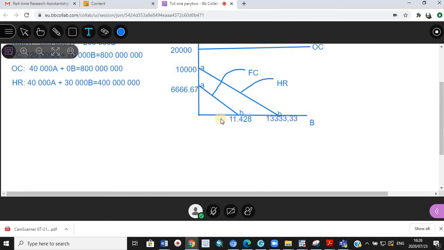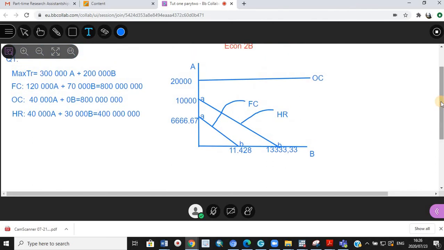For product A. Okay, now we assume that we have 2 products and we will take the fixed cost and use it to get our corner points.